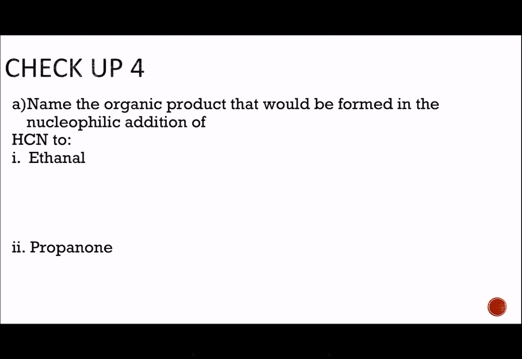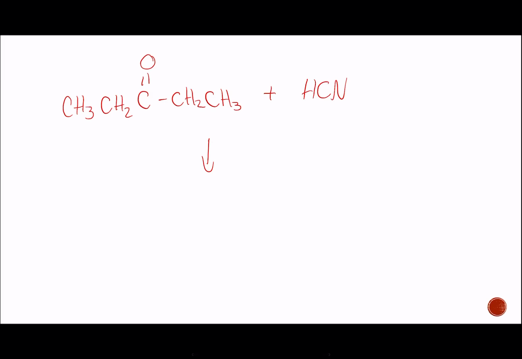Let's take a look at another. So I'm going to go ahead and just write a random reaction. This is a ketone and HCN. So the way that this works, and for sake of space, I'm going to write the arrow down, is you always go from negative to positive with your curly arrows.